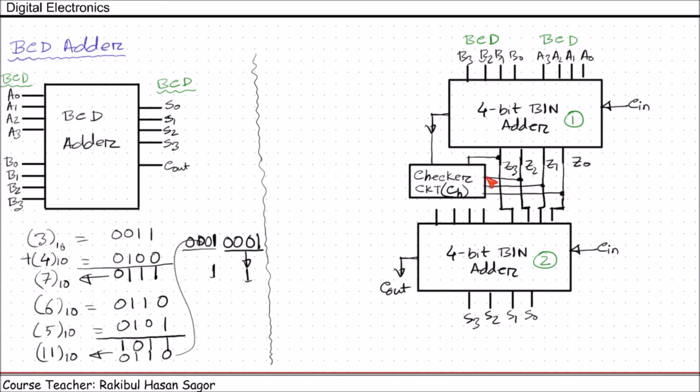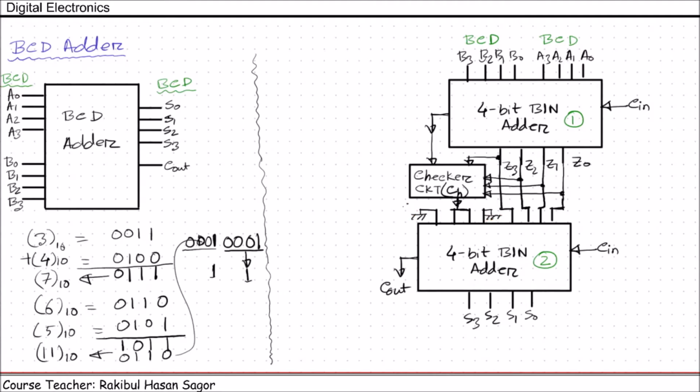These are the inputs to this checker circuit. It will always check whether the number Z0, Z1, Z2, Z3 is greater than 9 or not, and it will provide one single output. The single output, this is the output, will be connected with these two, and these two inputs are grounded.